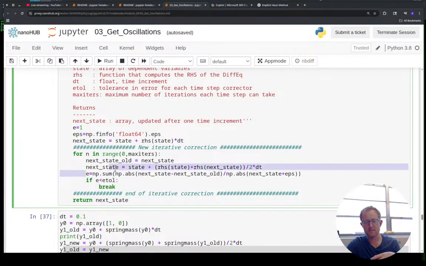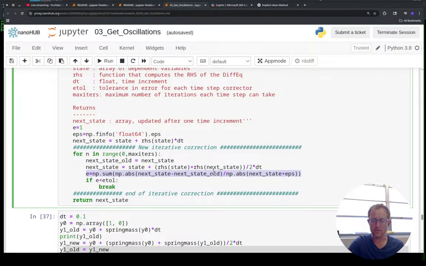So in this case, I'm directly saying that it's the relative error between my previously calculated state and my currently calculated state. And that's how I calculate whether or not I want to break the loop and move on to the next step. When you use fsolve, it has all these other internal things that it's doing to try to solve the problem.